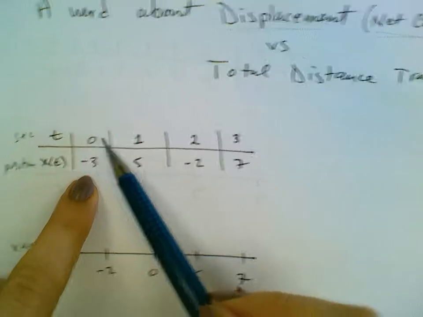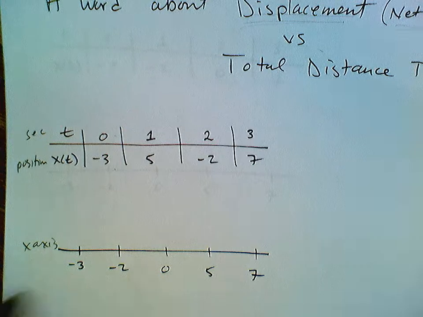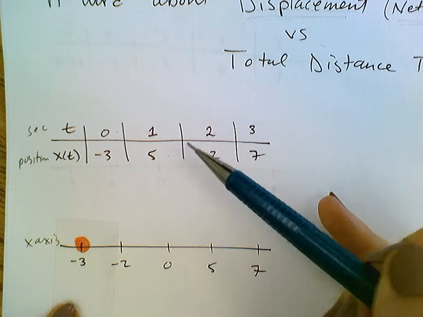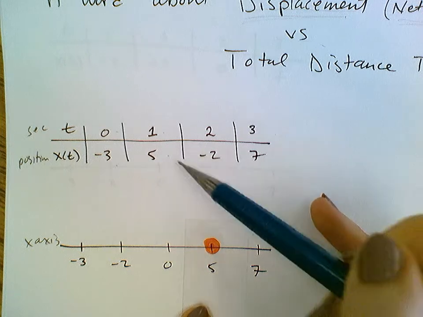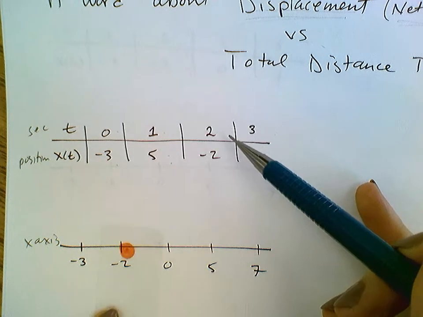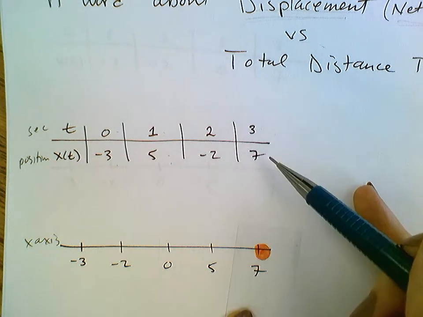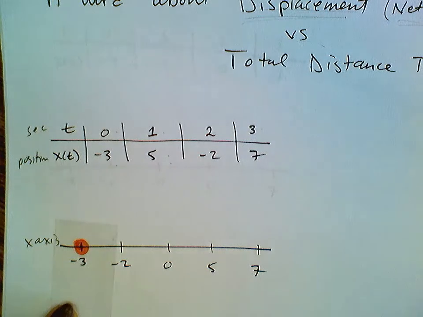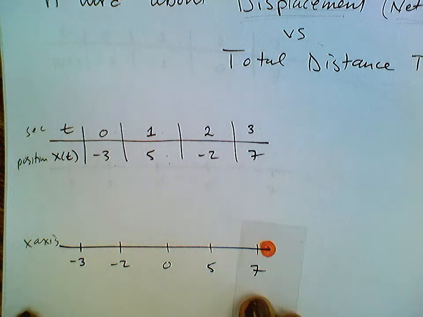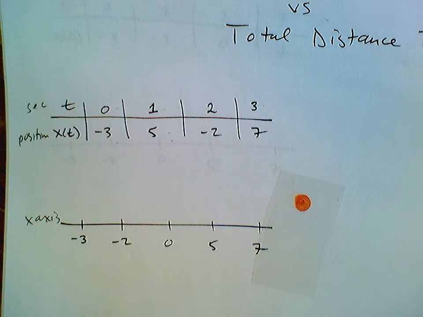At second 0, before we even start, we're at position -3 on the x-axis. After 1 second passes, we have moved to position 5. After 2 seconds, we are at position -2, and after 3 seconds, we're at position 7. So that's the way this particle moves.